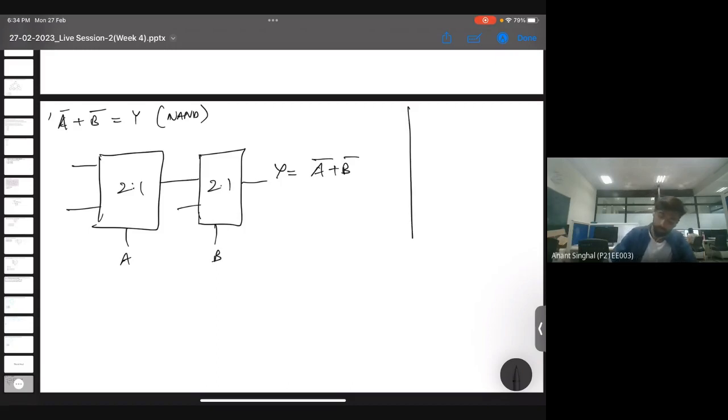I hope you know the basic properties of Boolean algebra. I'll write some of them.